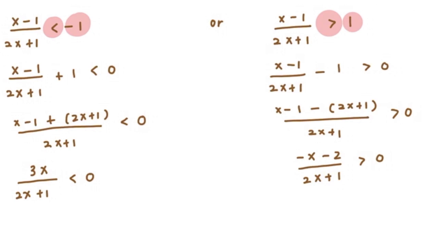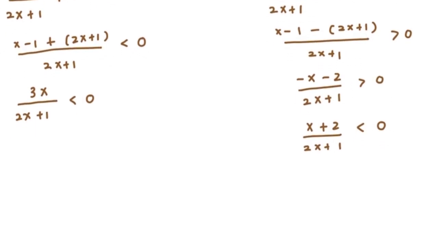The symbol also you need to change. So if you change to x plus 2 over 2x plus 1, the symbol becomes less than 0. Okay? So make sure you change the symbol here if you want to make x positive. Okay. So settle the solving part.